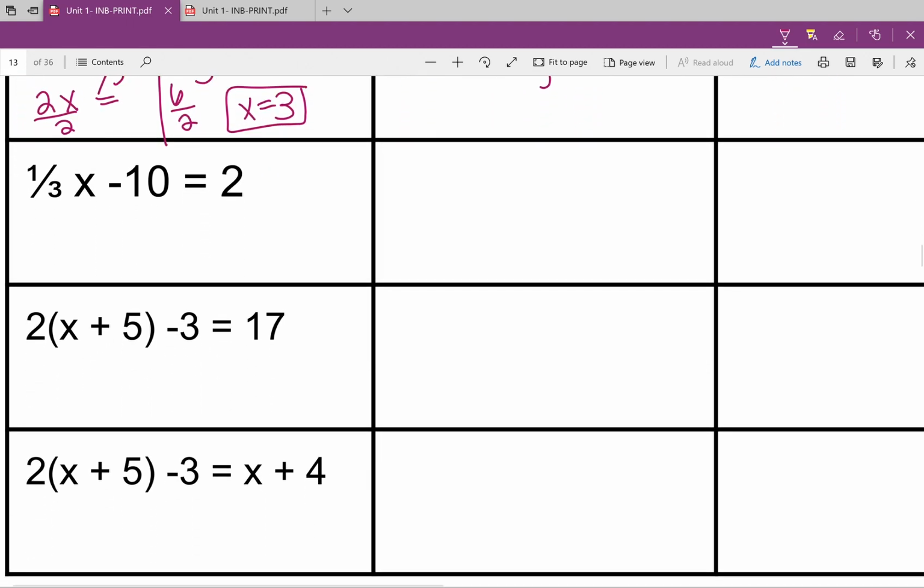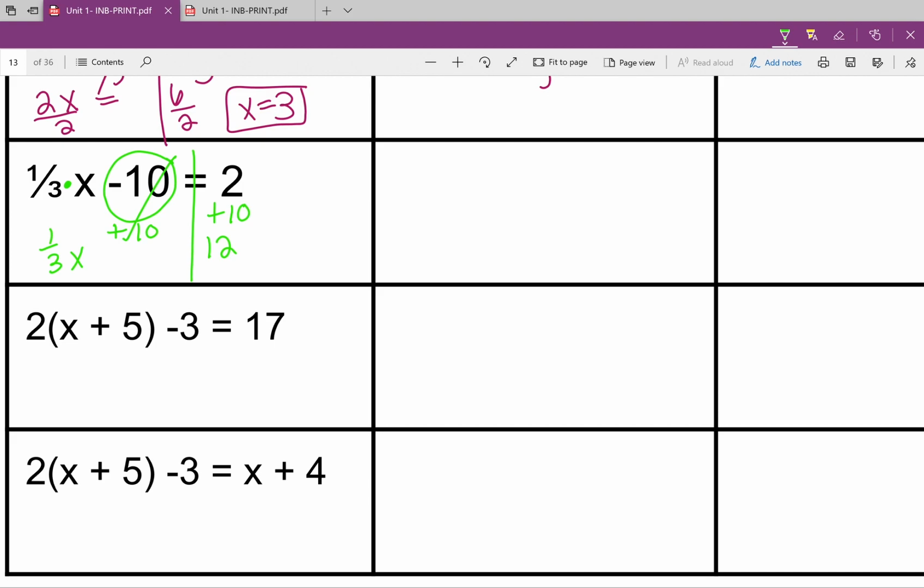Okay, let's look at the next one. We have 1/3 being multiplied by x minus 10 equals 2. Between these two numbers, negative 10 is furthest away from x. The opposite of negative 10 is plus 10. Those will cancel. We're left with 1/3 x equals 12.